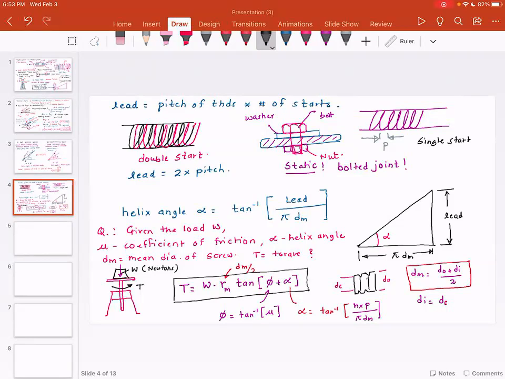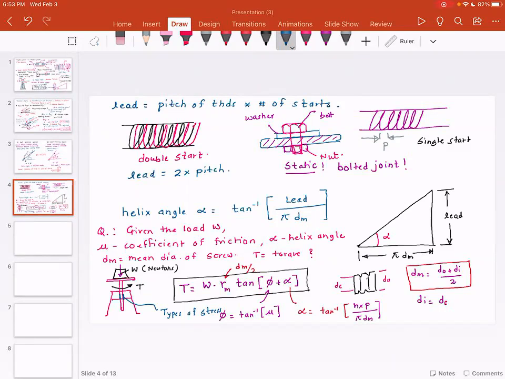Now the next question that arises is, what are the types of stresses at this interface? So what type of stress do you expect when you have a power screw?